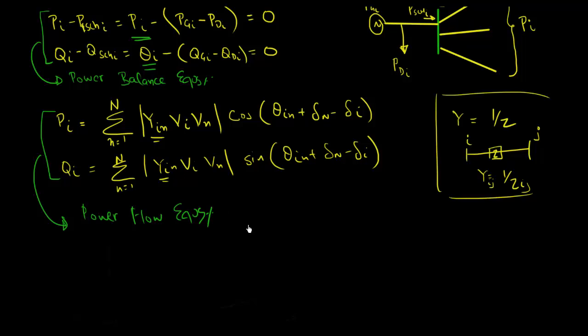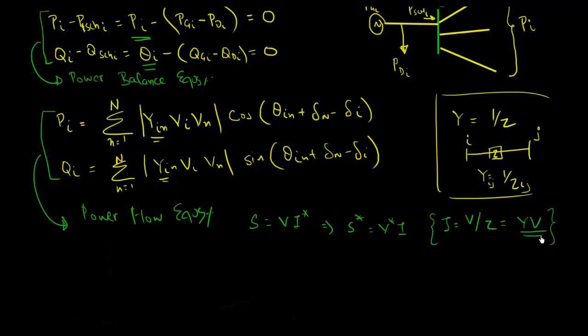Where they come from is from our formula of complex power. We know complex power S is V I conjugate, which implies S conjugate would equal V conjugate I. Now we know I is, from Ohm's law, V over Z. 1 over Z is Y, so this is YV.